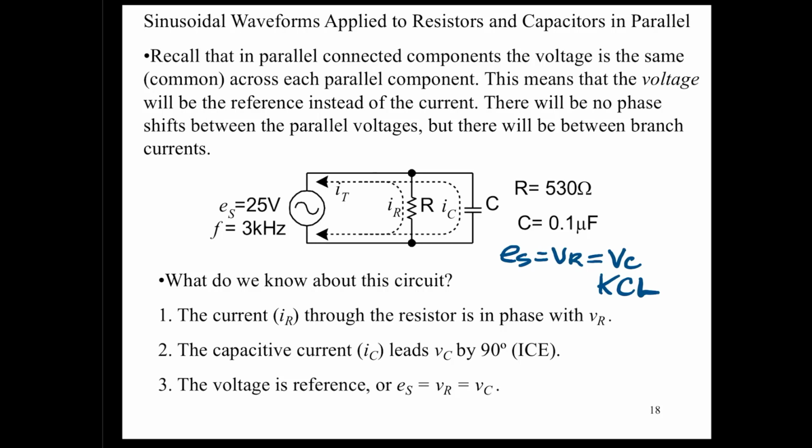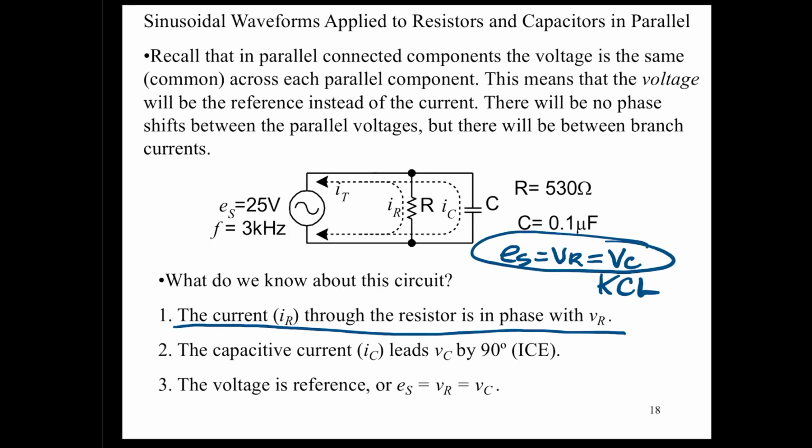The current IR through the resistor is in phase with VR. Remember, that's always going to be the case. The only difference is now it's our voltages that are all in phase and equal, as opposed to our current in series. But this is always going to be the case. Doesn't matter whether it's series or parallel.